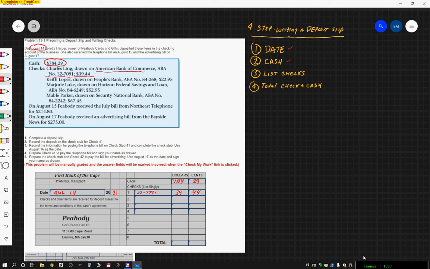The second check, again, we can draw a line here. It'd be nice if they had listed them in some kind of column form, but they didn't.